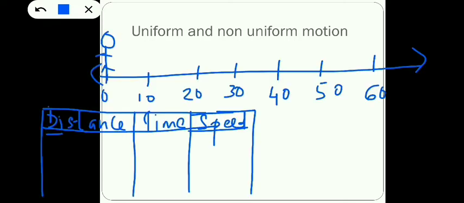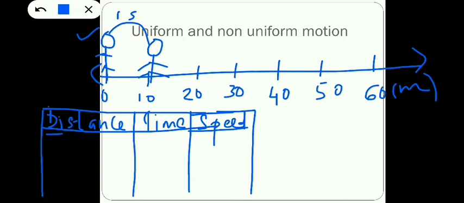So let's consider this example. Consider the motion of this boy. Here the boy is initially at this position 0. And this number line represents the distance traveled by the boy in meters. Now, after 1 second, let the boy reach this position. That means at 10 meter after 1 second.